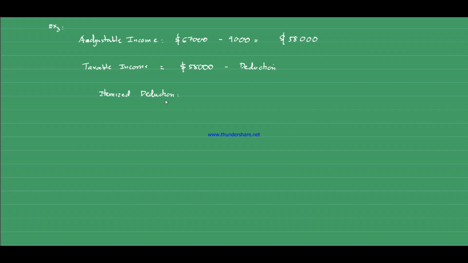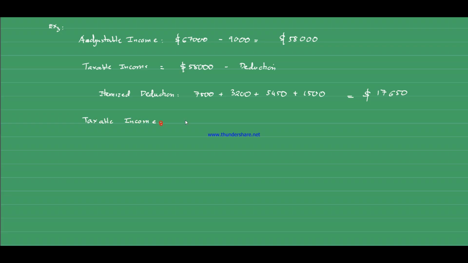So itemized will be 7,500 plus 3,200 plus 5,450 plus 1,500, which gives you 17,650.